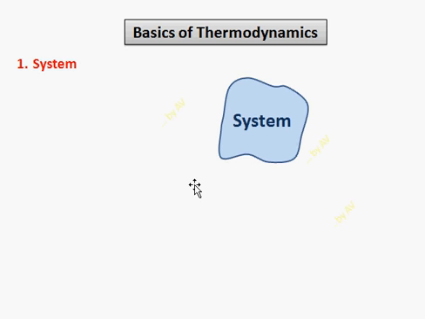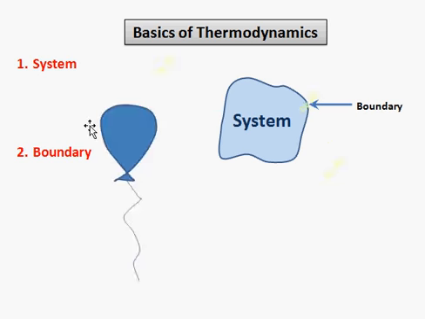Let's move to the next one. Next one, boundary. Coming back to this diagram again. The outermost dark blue colored layer can be treated as boundary, but let us see with some examples. Back to the balloon again. When we treat the balloon to be a system, its outermost layer, maybe the plastic layer, can be treated as boundary.